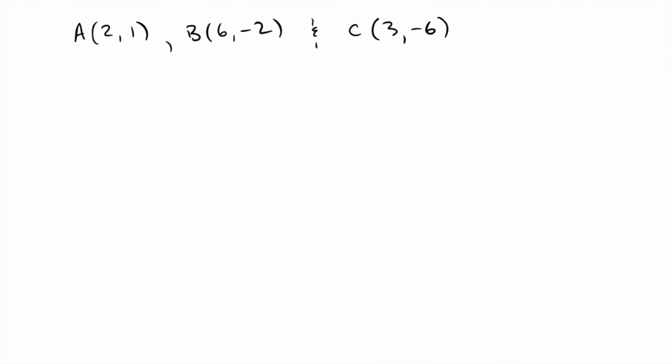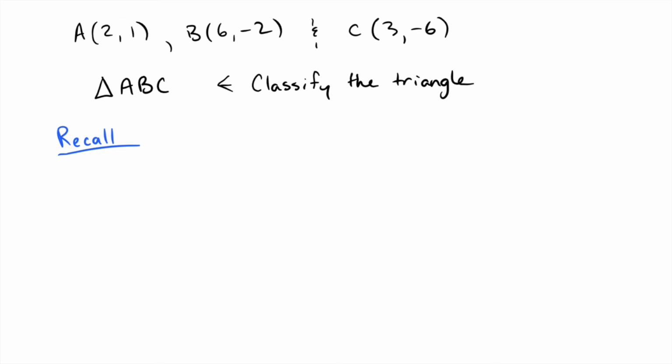Another way we can use the dot product is to help us classify shapes. If I have 3 points here, I know that they form a triangle ABC, and I want to classify the triangle. It's important to remember that we classify triangles two ways.